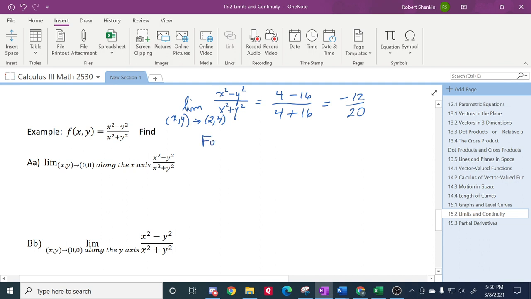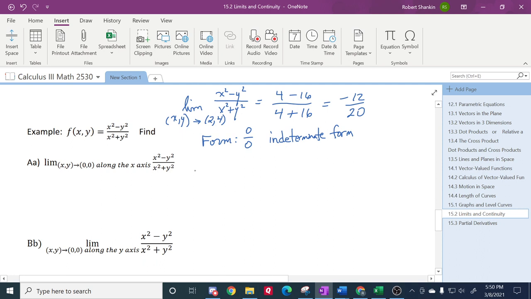The form is 0 over 0 when you plug it in. So it doesn't resolve, can't determine what your answer is. So we call it indeterminate, one where we couldn't determine the answer until we do some simplification or some kind of algebra to get this down.